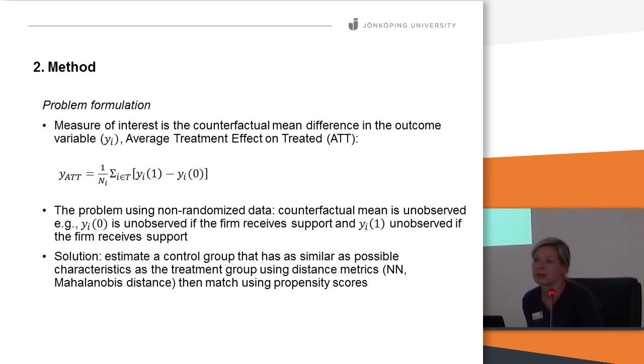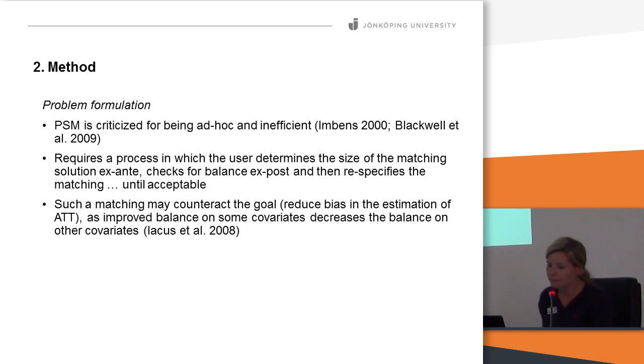The purpose is that these control groups should have distributional characteristics as similar as possible to the support or treatment group. There has been a lot of criticism in the literature towards using propensity score matching techniques in estimating control groups. For example, the method has been accused of being ad hoc and inefficient.